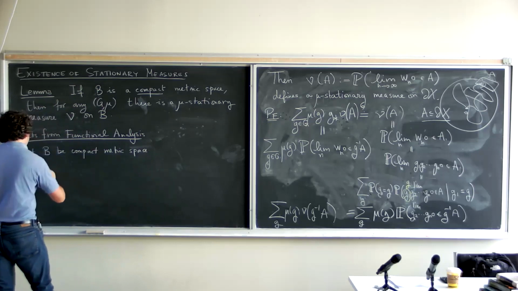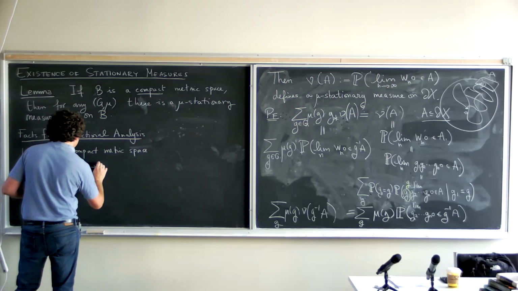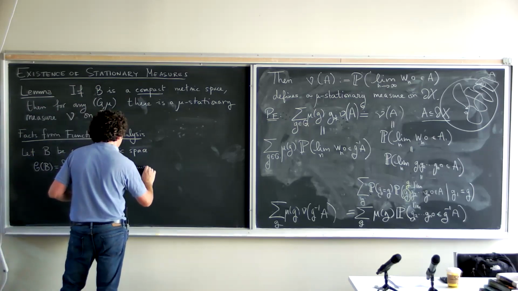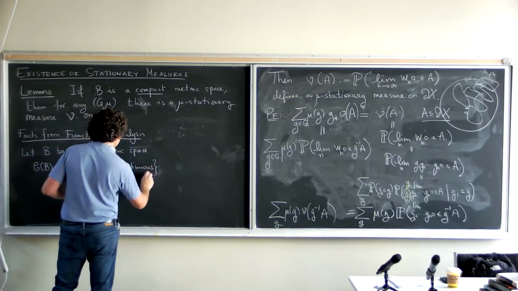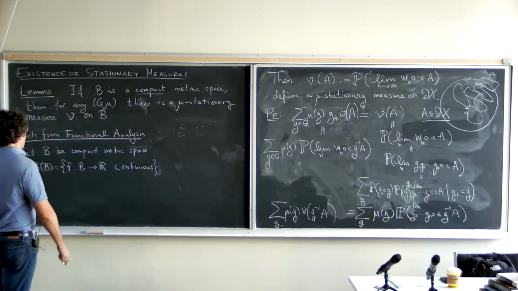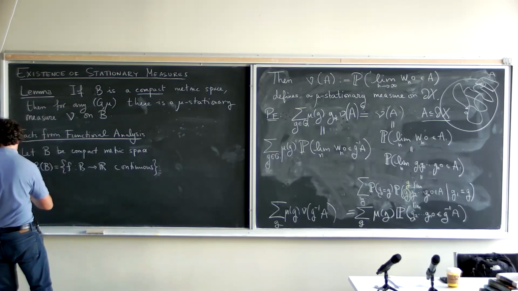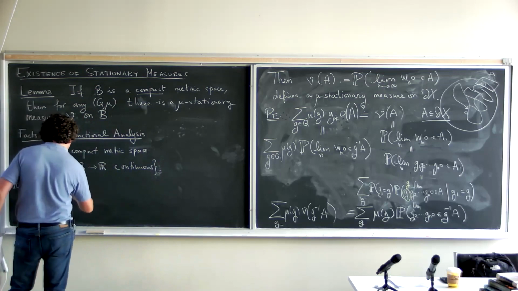Then we call C(B) the space of continuous functions, and this is a Banach space with the sup norm.